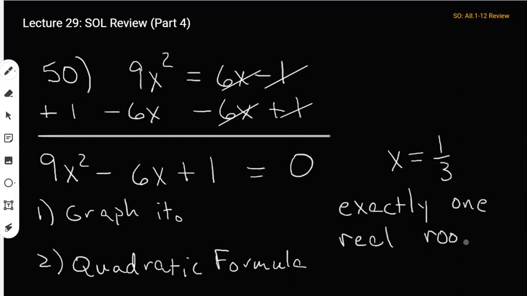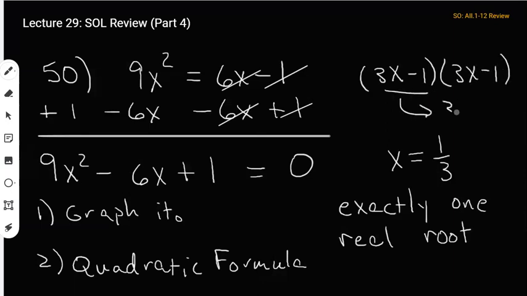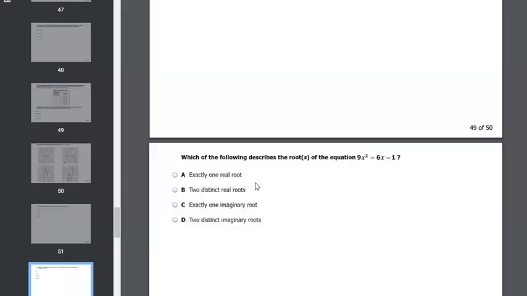And if you were to actually factor this, you would get 3x minus 1 times 3x minus 1. And then if you set this equal to 0, you would get 1/3. So exactly 1 real root, that's going to be A.